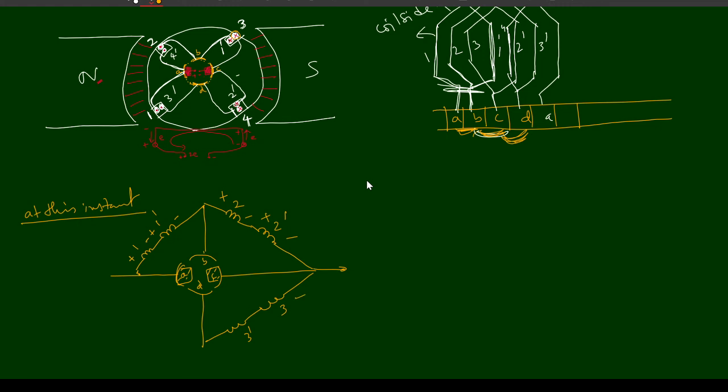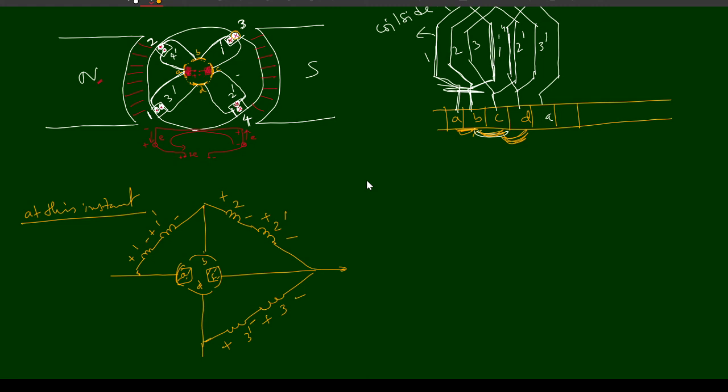So this is minus plus, and 3 dash is coming out. Coming out means this side it is plus and this side it is minus.